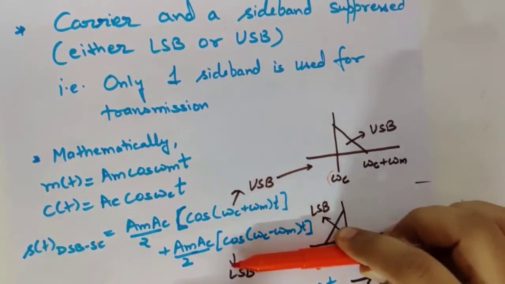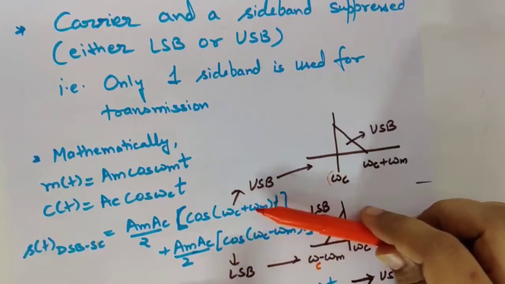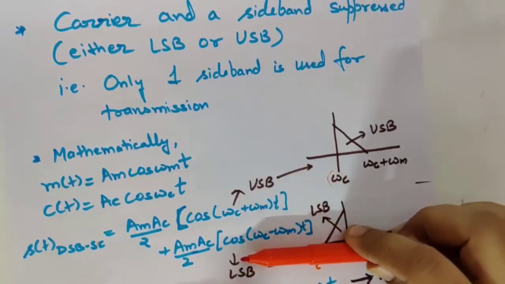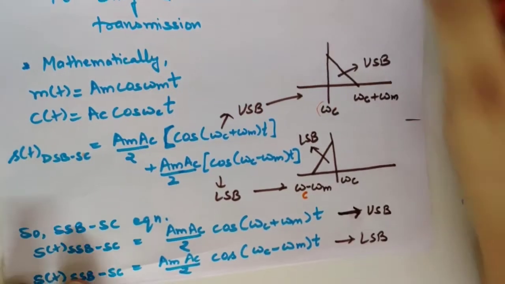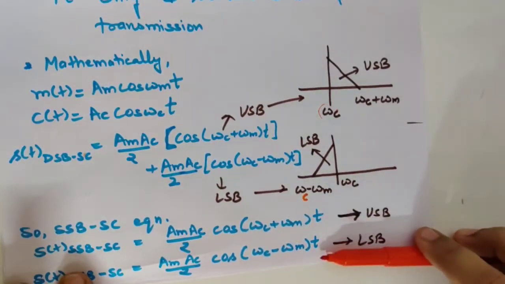So if we want to send single sideband suppressed carrier, we can send either the upper sideband or the lower sideband. So the equation can be either this or this.